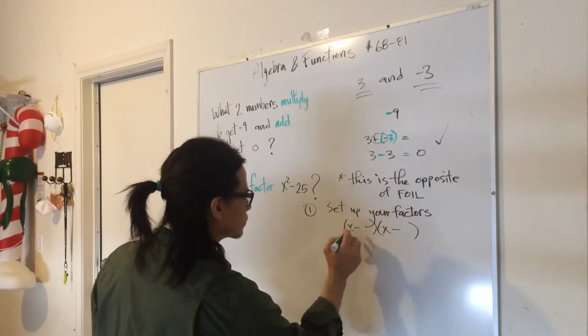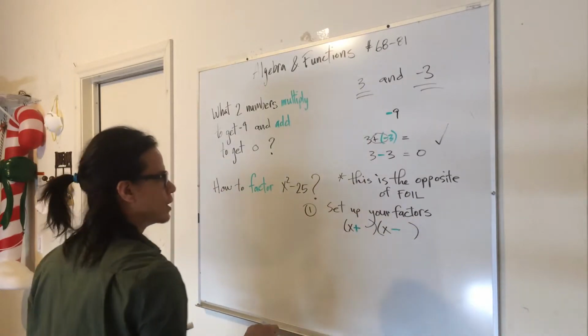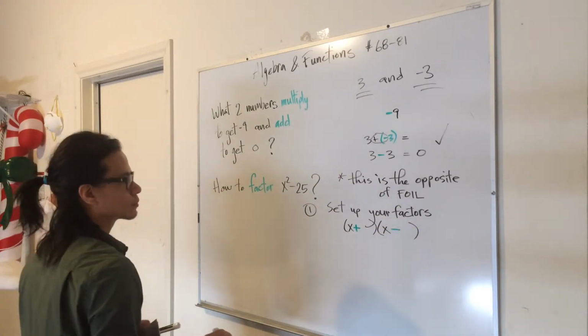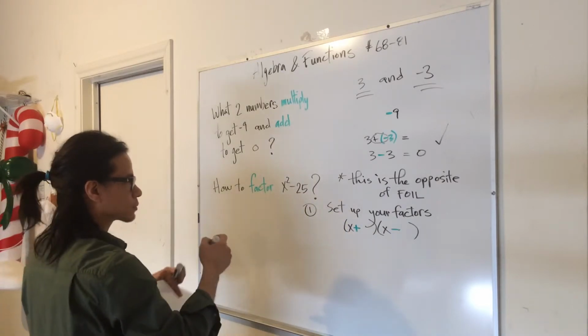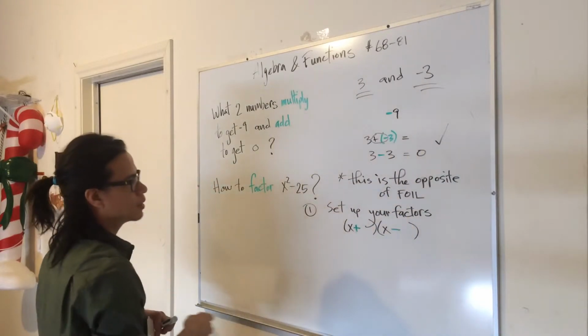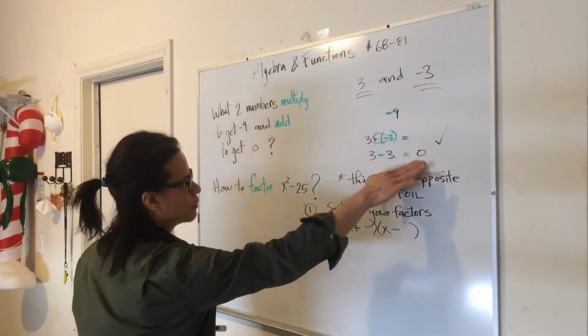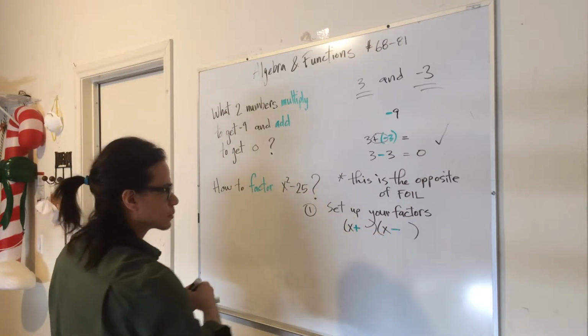In other words, one of these signs is going to be a plus and one of them is going to be a minus. And you'll see what we mean here in just a bit. As you can see here we have a positive number and a negative number. That's the only way we can end up with a 0.